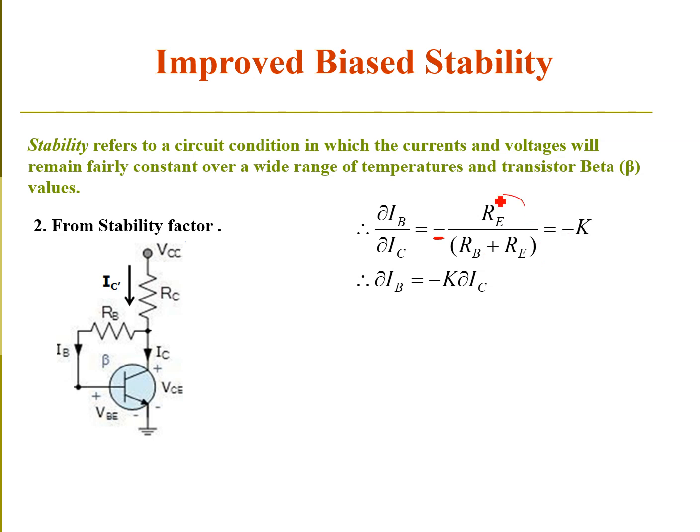This value is a constant because all are resistances. Let that be equal to K. Therefore, change in IB is minus K times change in IC. This negative sign indicates that they are inversely proportional. That means if del IB increases, then del IC will decrease, or vice versa.